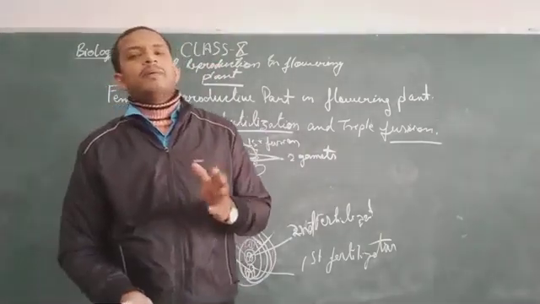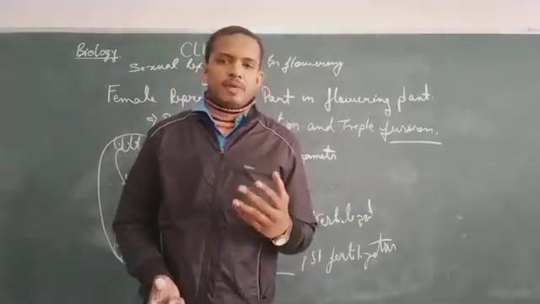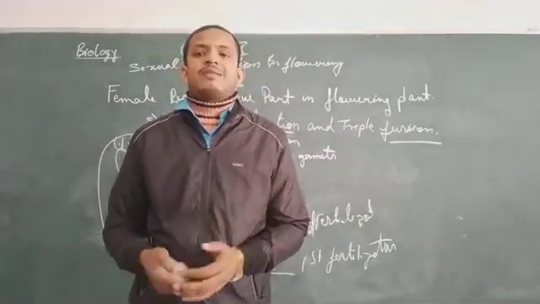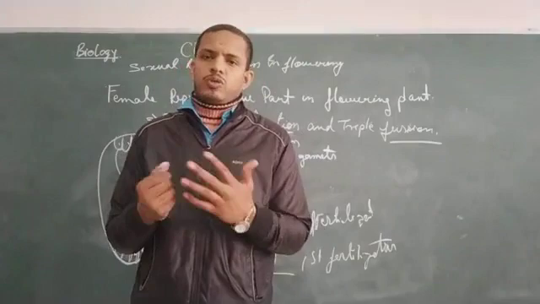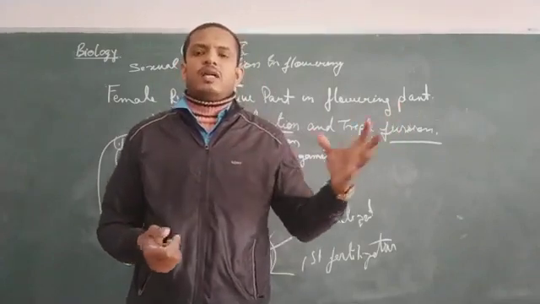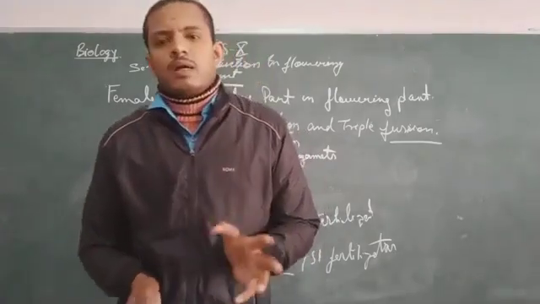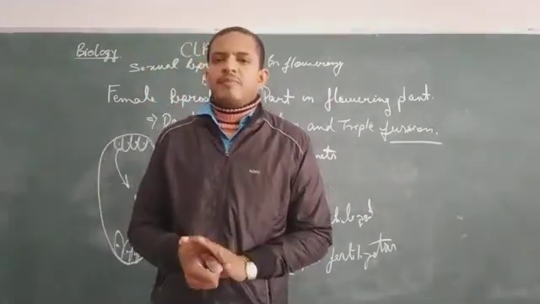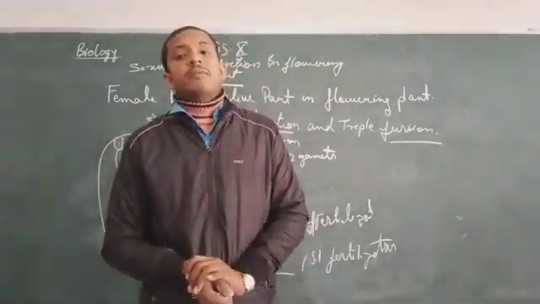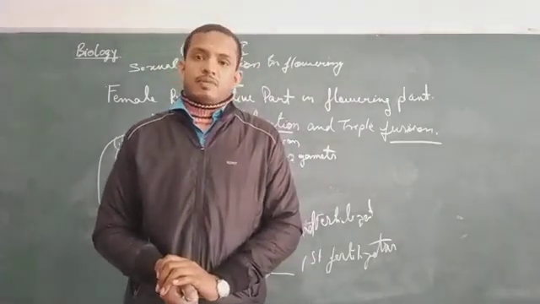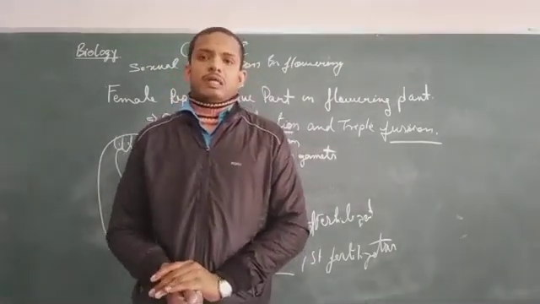Suppose the male reproductive part, the anther, matures first; the pollen is going to be released and spread with the help of different media, and fall on another flower of the same species which is mature, meaning the female is mature, and only then does fertilization take place.